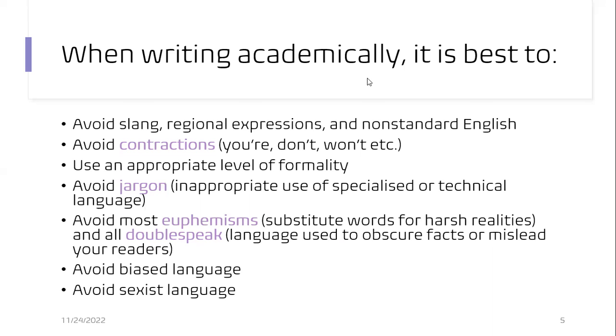Doublespeak, simply language used to obscure facts or mislead your readers. So as you research your topic, and even if you come up on something that you don't necessarily agree with, if it falls in line with your topic, you either have to change your topic or you have to include that information.